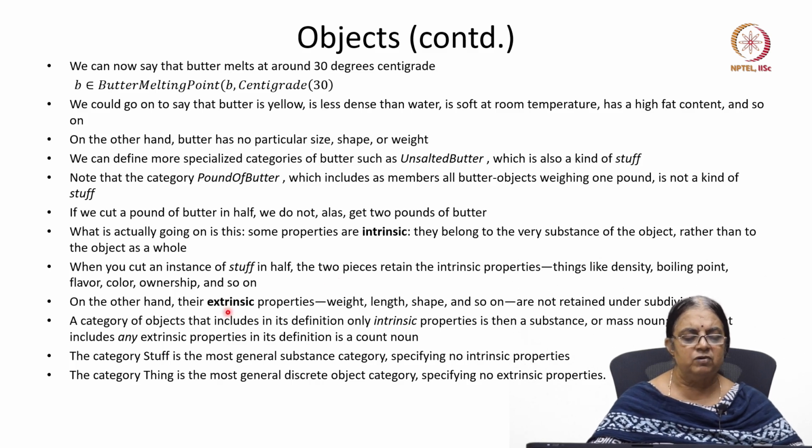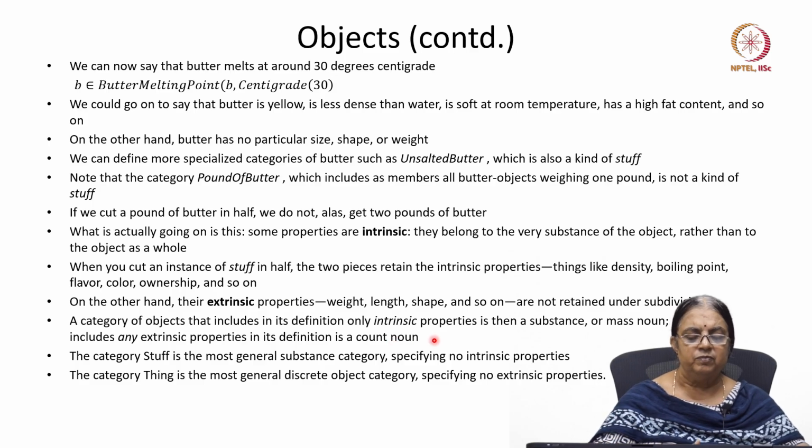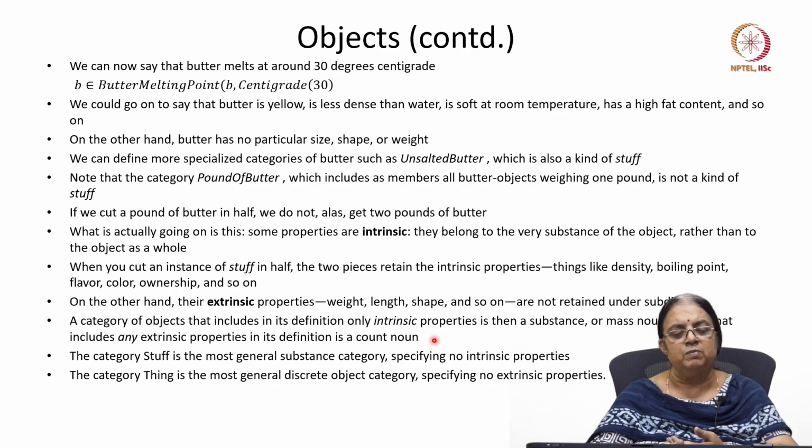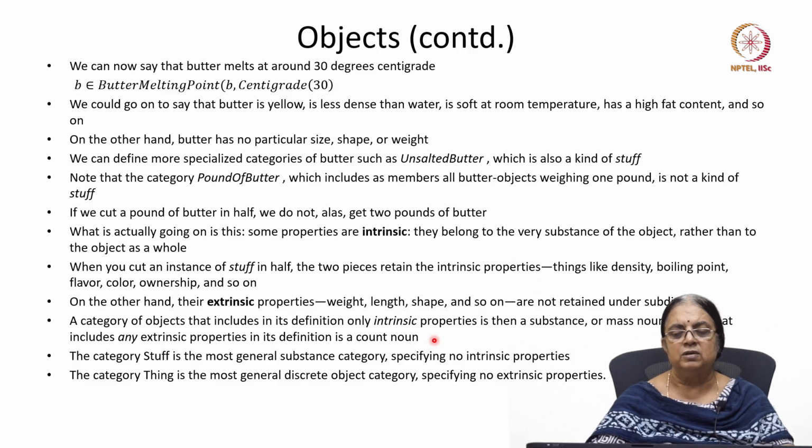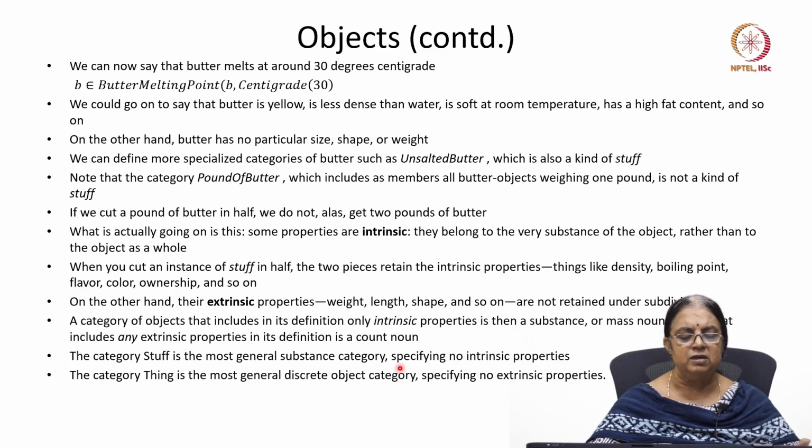For example, that it is soft, or whatever you can say about the butter. It continues to be yellow, it is soft, it is less dense than water, has high fat content. This continues to be true even when you take the butter and cut it into two parts. So there is some difference between this type of category and the category things.